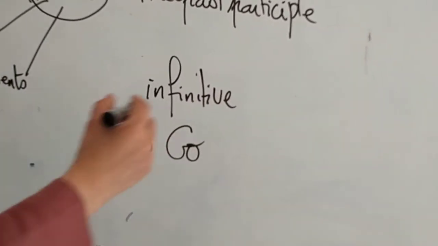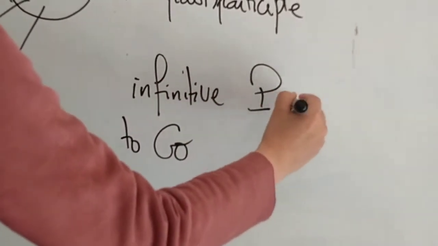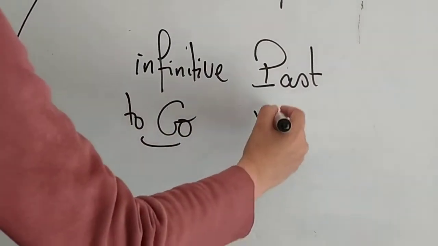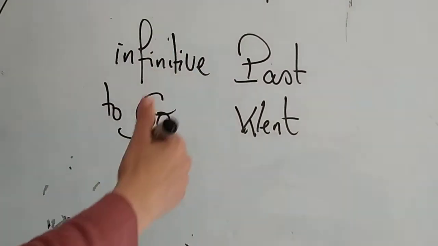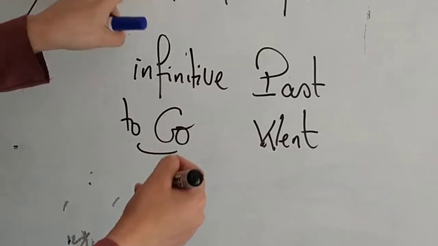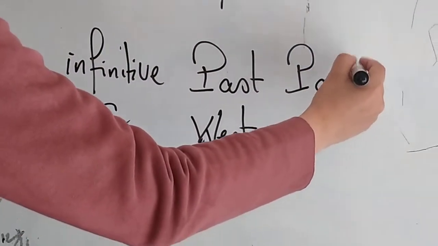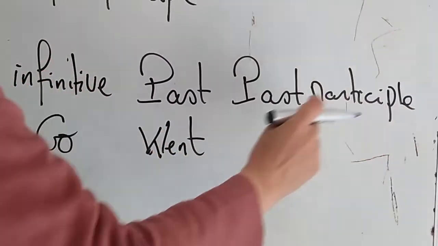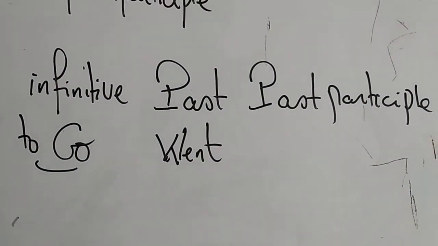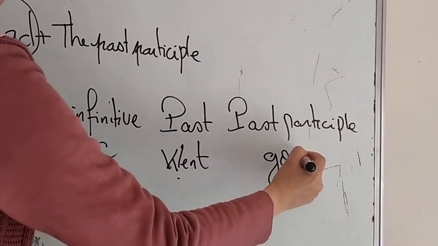The second form is the past, so go in the past is went. Then we have the third form, اللي هو كنخدمو به الباست perfect, the past participle, اللي دائما غنخدمو به الباست perfect tense. So go, went, and the past participle gone.